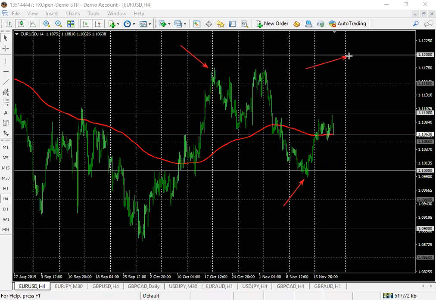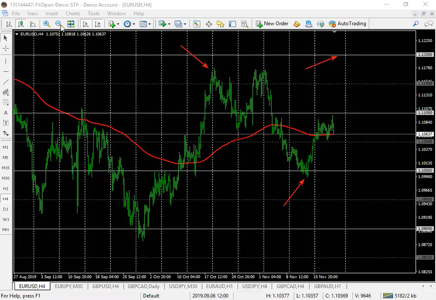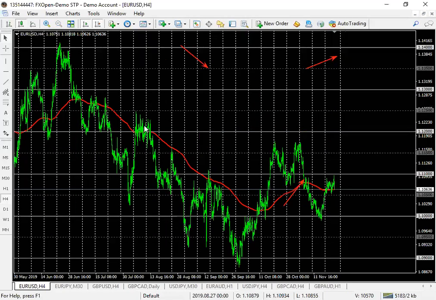Right now we don't see anything at 112. If you look back though, we probably could see some previous price action around that area. And if so, you can see here, this was the previous support structure, right?